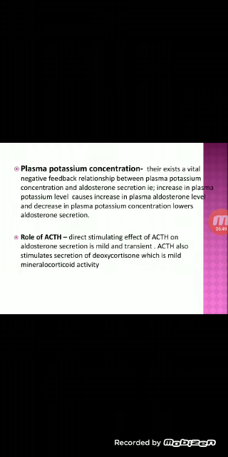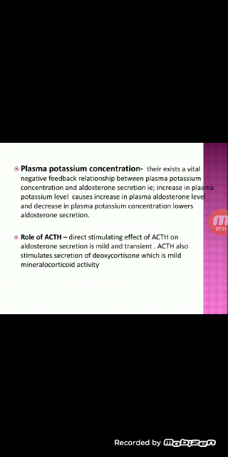The role of plasma potassium concentration: when there is an increased level of potassium, that is hyperkalemia, it stimulates the adrenal cortex to produce increased aldosterone secretion. This increased aldosterone promotes increased potassium excretion, and there will be low levels of potassium in the blood.